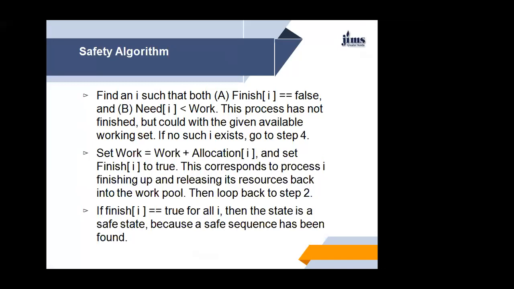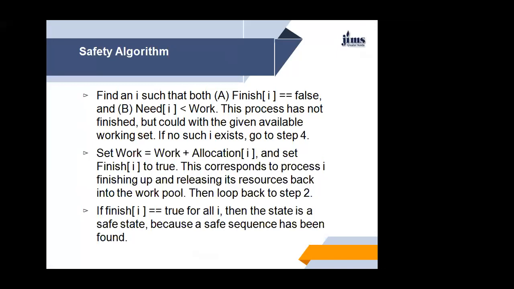Otherwise, set work equals work plus allocation[i] and set finish[i] equals true. This corresponds to process i finishing up and releasing its resources back into the work pool. Then loop back to step 2. If finish[i] equals true for all i, then the state is a safe state, because a safe sequence has been found.